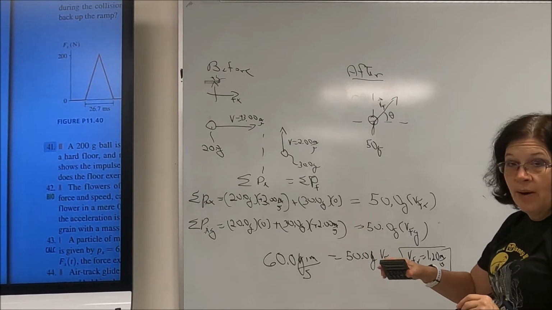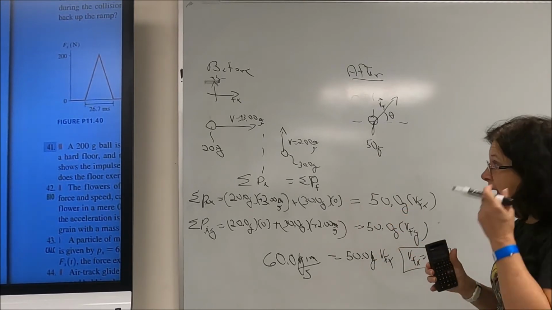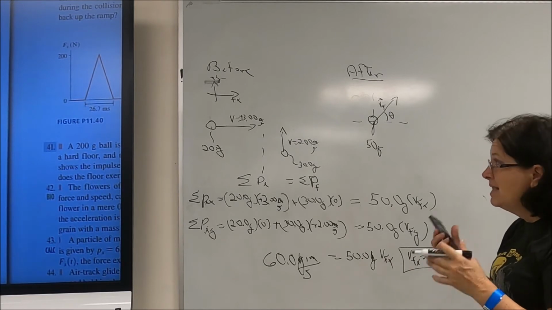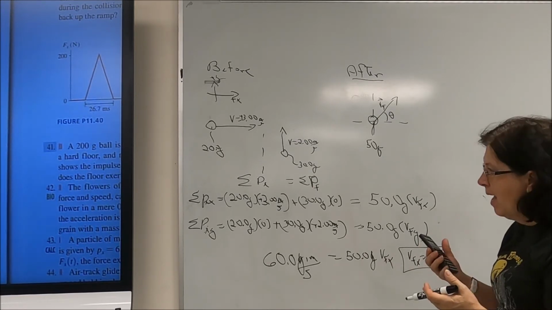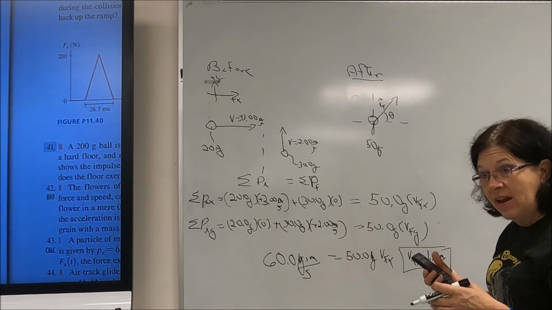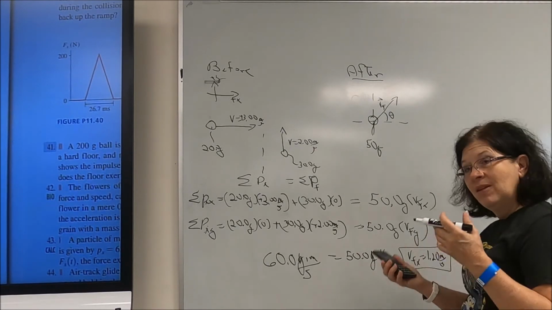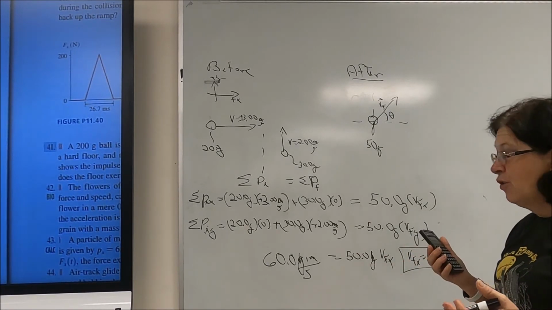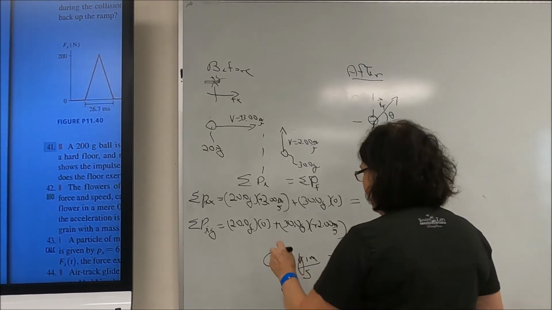Since everything was in grams, notice I used all my masses in grams because they're going to divide out. If we had a mismatch of mass units, we'd have to make them match. And if I want to know the momentum in correct SI units, I would have to use my mass in kilograms. But since I'm looking at the before and after, I don't have to use kilograms.